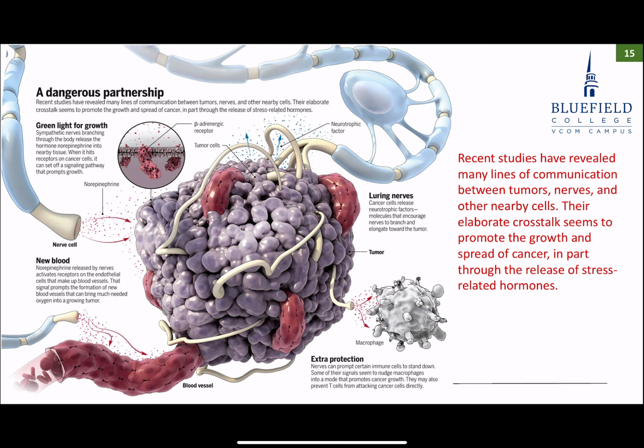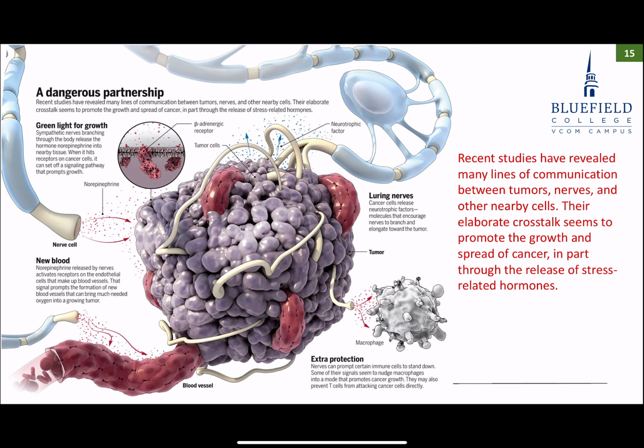So there is an extra recruitment of blood vessels due to this interaction between tumor and nerve cells. Then it turns out that nerves also provide immune protection, because they send a signal to immune cells to stand down.